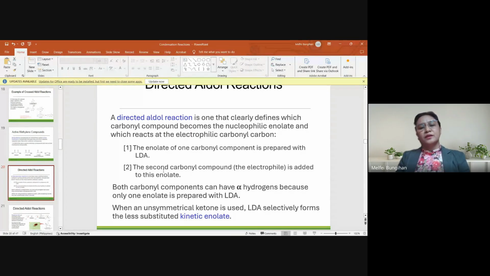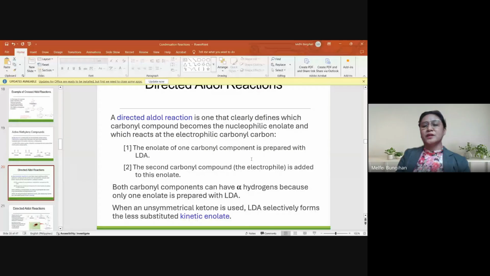Now, how about directed aldol reactions? Why do we call them directed aldol reactions? It is one that clearly defines which carbonyl compound becomes the nucleophilic enolate and which becomes the electrophilic carbonyl carbon. So it already has a pre-selected enolate, and of course, if one is the enolate, the other one is the electrophile.